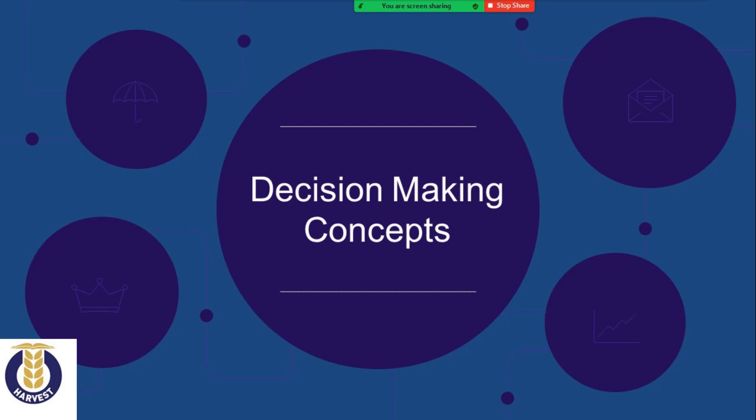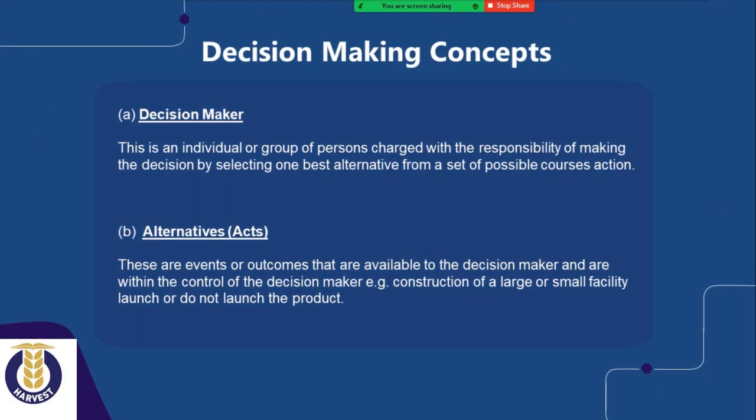So that takes us to the decision making concepts. And here we are looking at four major concepts. The first one is decision maker. The decision maker is that individual, you and me, or a group. It could be a team of persons who are charged with the responsibility of making the decision.